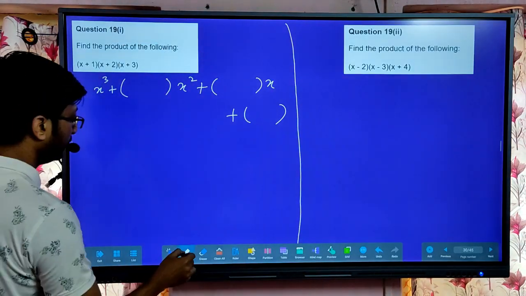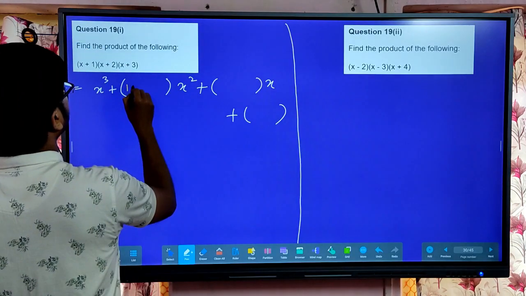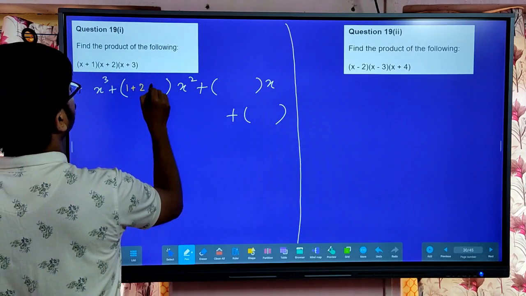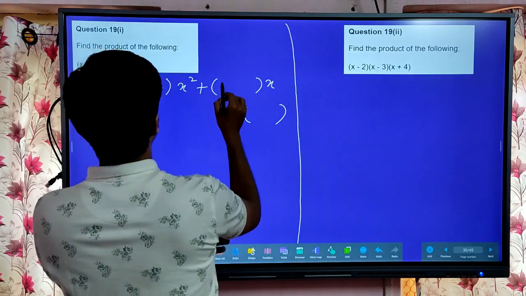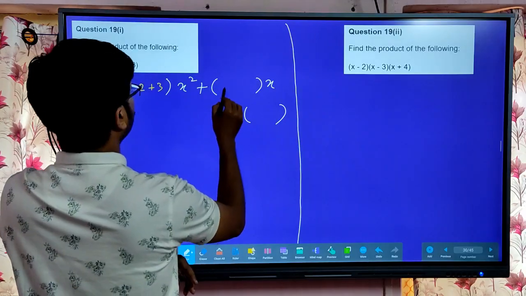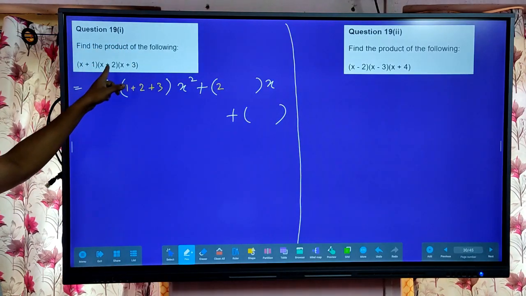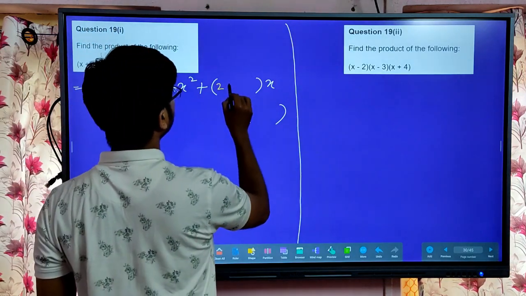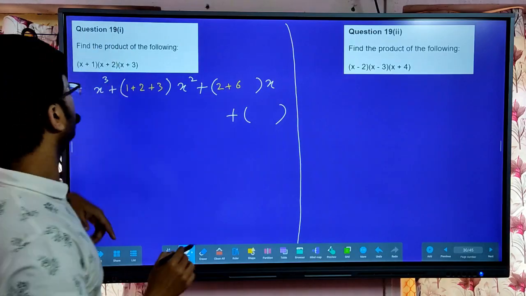So filling up the format, it will be 1 plus 2 plus 3. Then combination ab, 1 into 2 is 2, plus bc, 2 into 3 is 6, then ca, 3 into 1 is 3.